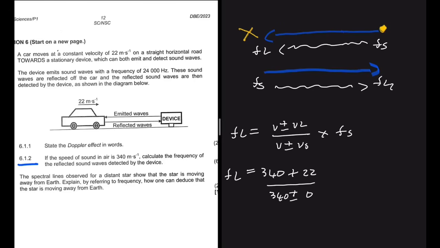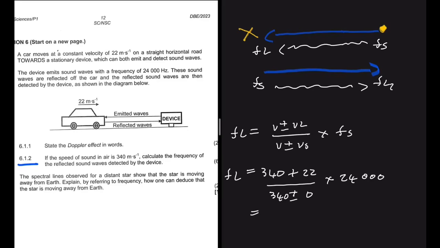It is stationary. Then we multiply that by the frequency emitted by our device, which is 24,000.